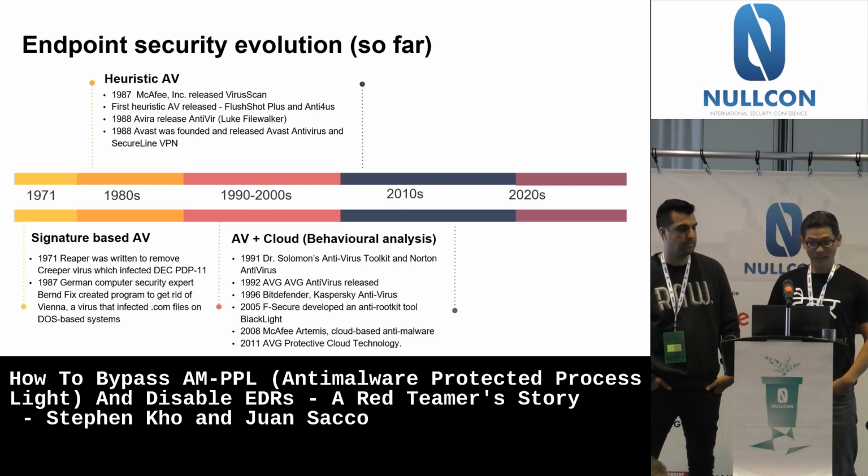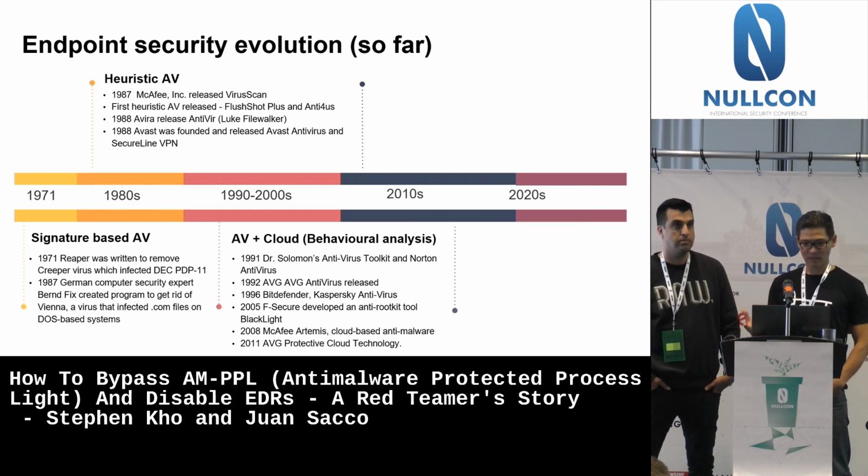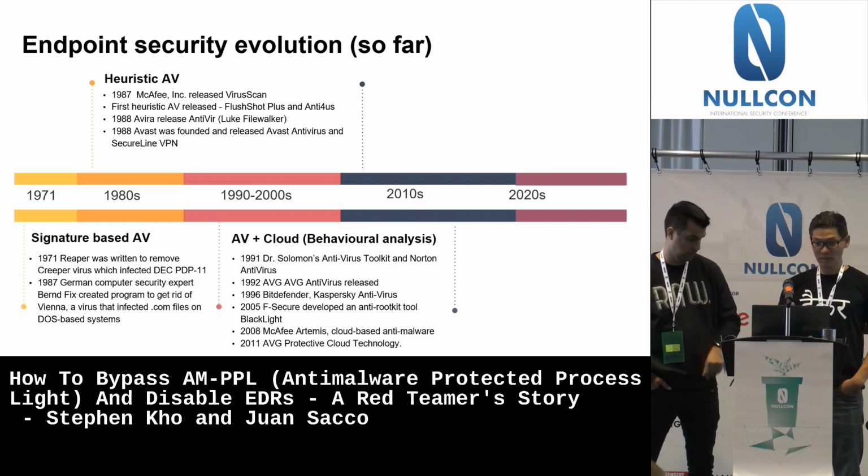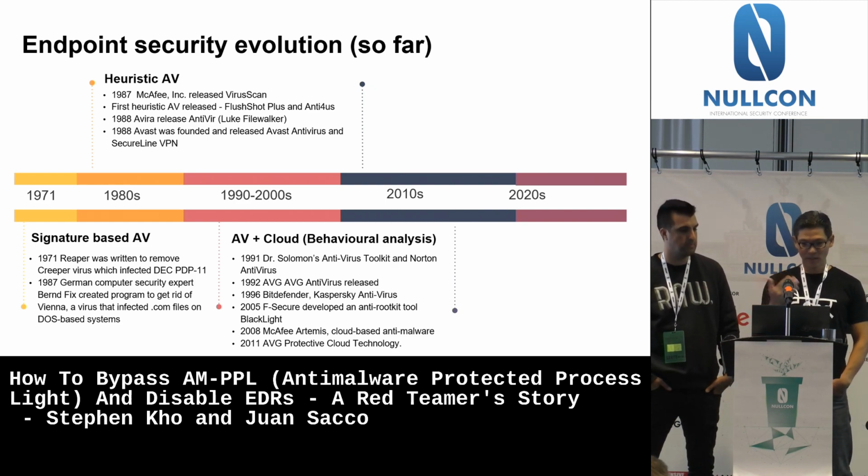And then we get to the 1990s, we start to see some cloud behavioral stuff, and anti-rootkit stuff. Dr. Solomon's released some antivirus rootkit. AVG released some stuff as well. Bitdefender and Kaspersky also appeared in about 1996.